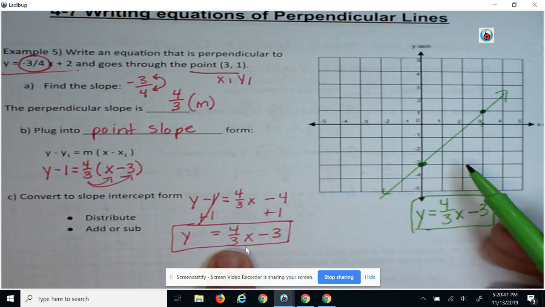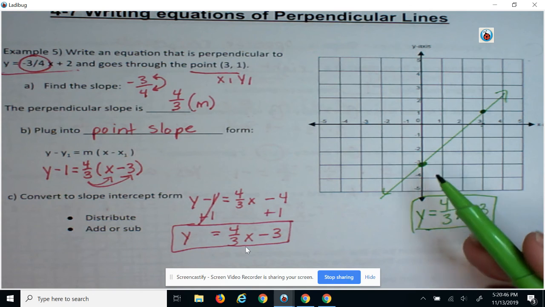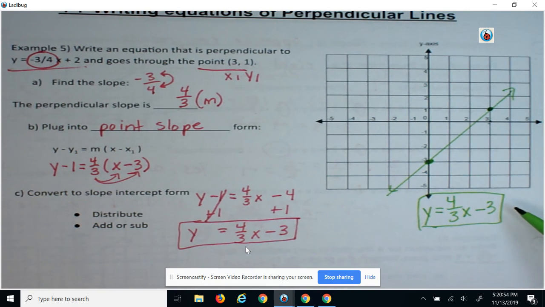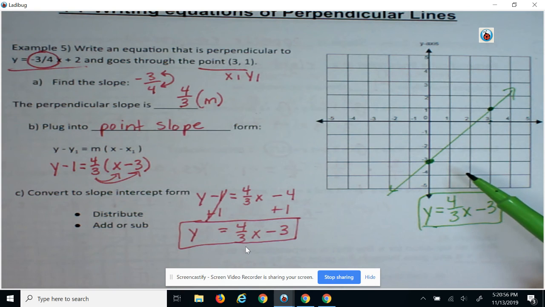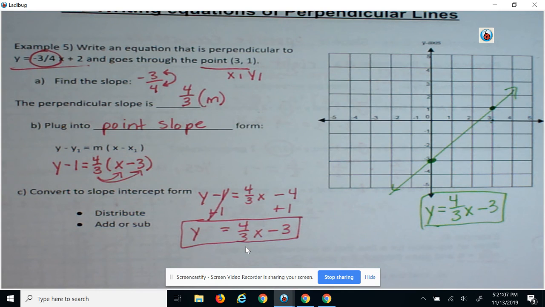Okay, so if you do the graph and you find a fraction, it's not a whole number on the y-intercept, you got to be able to use this point slope form to find your answers. Okay, you will be given extra graph paper if you need it during your quizzes and your test. So if you are able to do this way, you will have that graph paper for you.